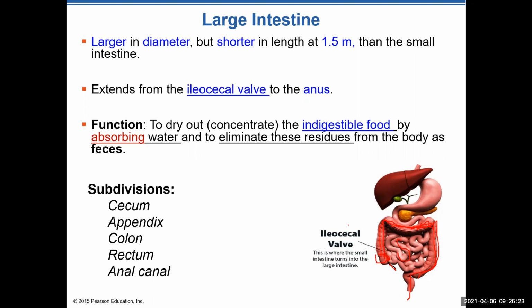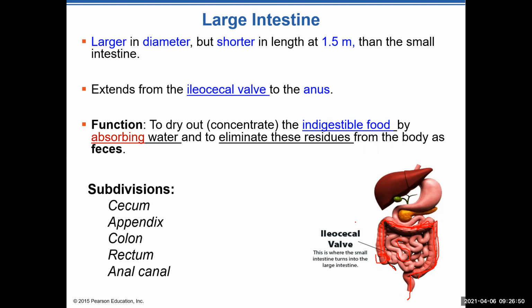Okay. And finally, the vitamins, like vitamin K, are produced by our gut flora, bacterial flora, in the large intestines. And the final job is the absorption of water, concentrating the excreta. The more time the excreta remains in the large intestines, the more the water will keep on being absorbed, drying it out, right?